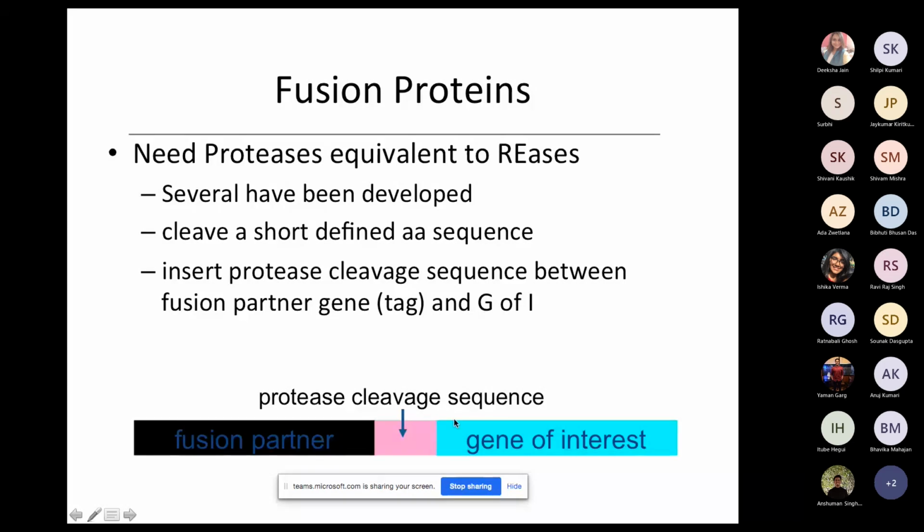You have to introduce in fusion another peptide sequence which can be recognized by certain proteases, which are extremely efficient in recognizing the sequence given here and then making a cleavage. Once they make a cleavage, this fusion partner is away from your gene of interest, and the purified protein can be easily used for therapeutic purposes.